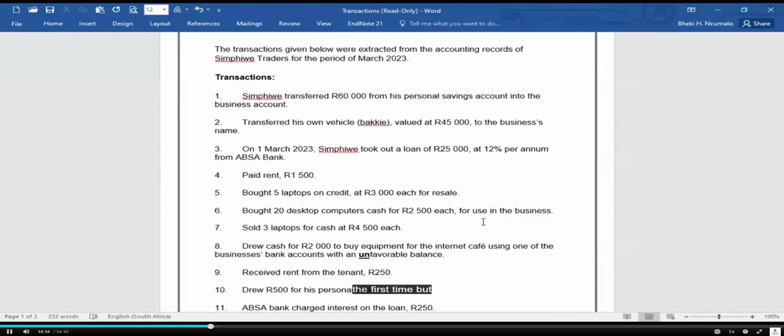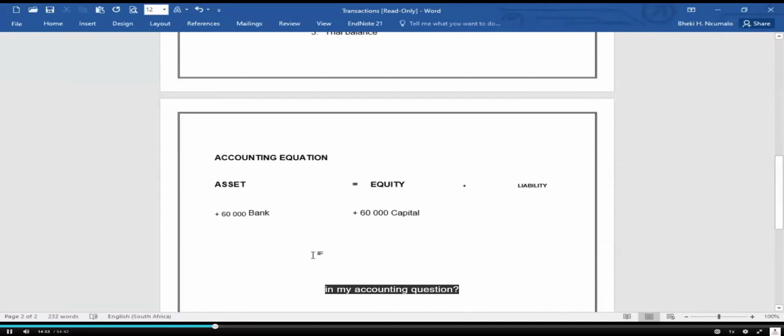45,000 rand. How to show that entry in my accounting question? So if you remember, I said it's a vehicle, which is an asset, is increasing. There is plus 45,000. Here you're right. This is my vehicle. It's contributing in vehicle, which is an asset in the business. Again, there is plus 45,000. In this case, it's capital once more. The owner is contributing an amount of cash, 60,000, another vehicle, an asset of transaction number 2 is an asset.